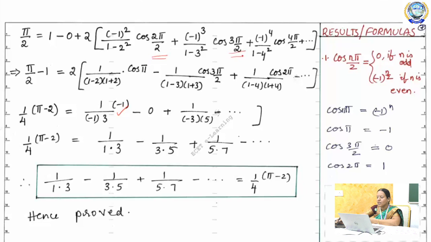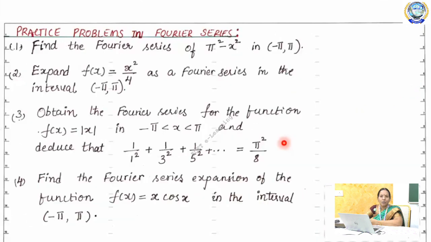Here we can use the formula for cos n pi by 2. Its value is 0 if n is odd, and it is minus 1 power n by 2 if n is even. So, by using this formula, we get cos 3 pi by 2 equals 0 and cos 2 pi equals 1. So, after substituting, we get the result. Is it clear?